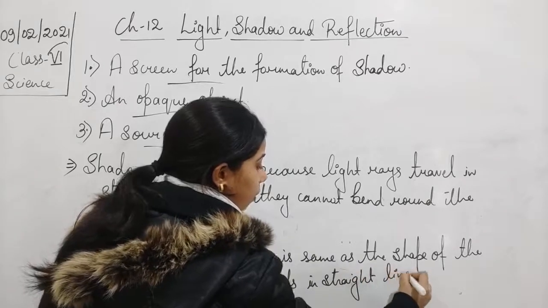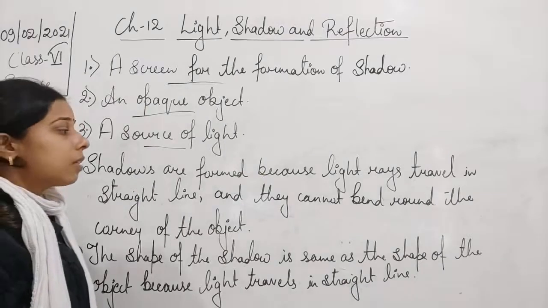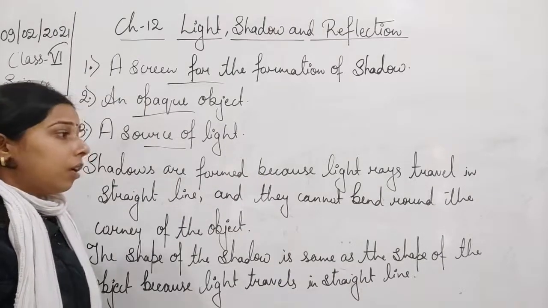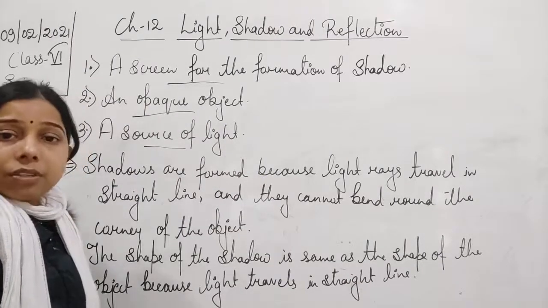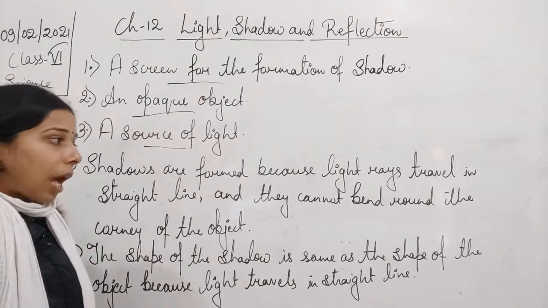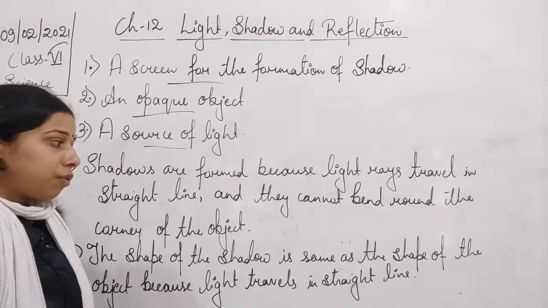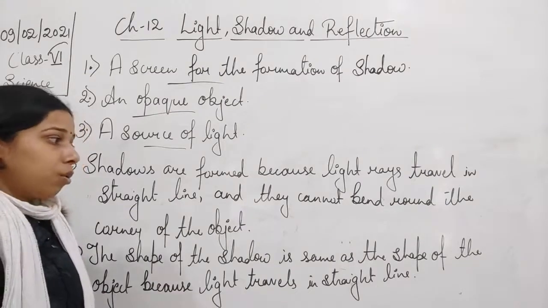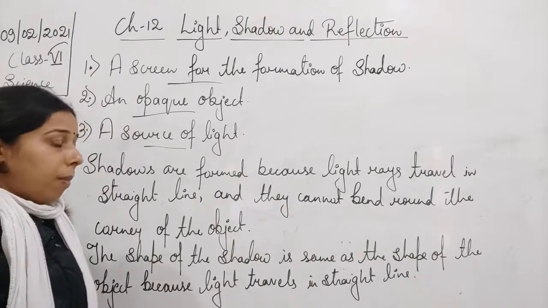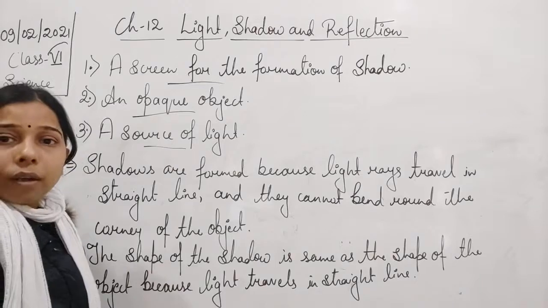You see, students, these are the questions that can be asked: why is a shadow formed? What is the reason behind the shadow being formed? So you will write that a shadow is formed because of light rays. Light rays travel in a straight line, so a shadow is formed. They do not bend around the corner.